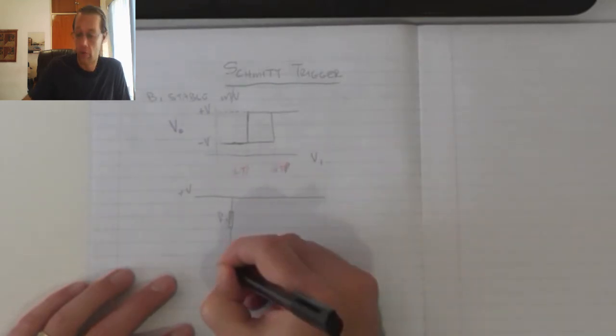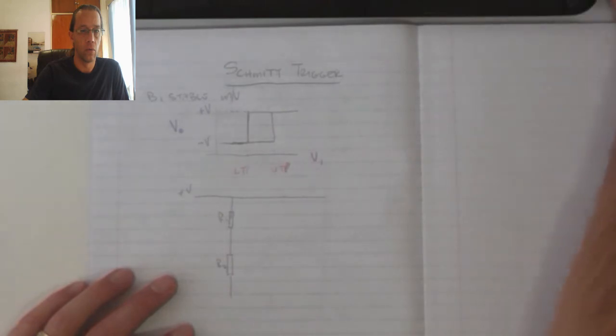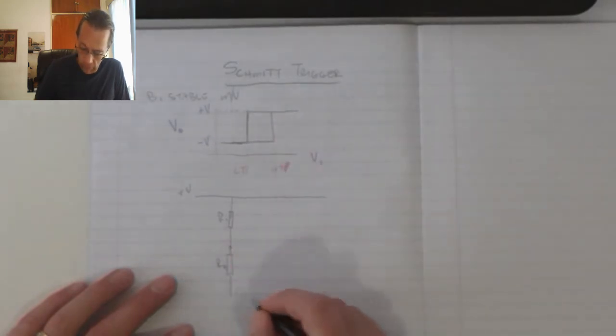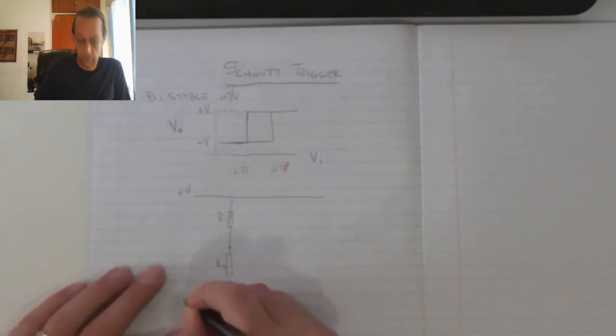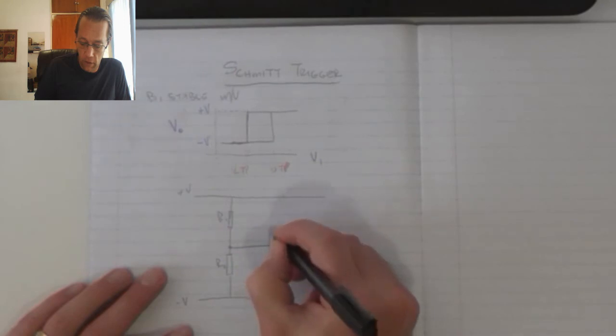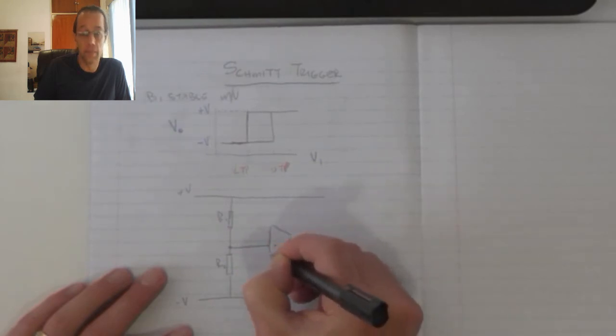Call this R1 and that one R2. Okay, this point over here connects to my negative supply voltage, and that point there connects to the op amp on the non-inverting input.